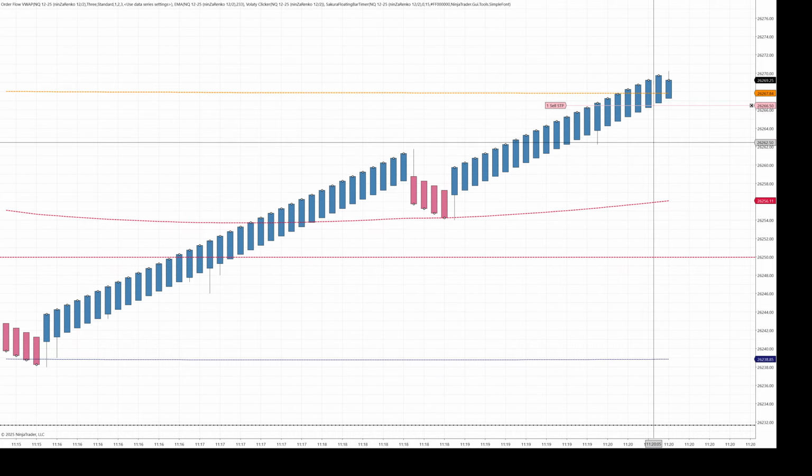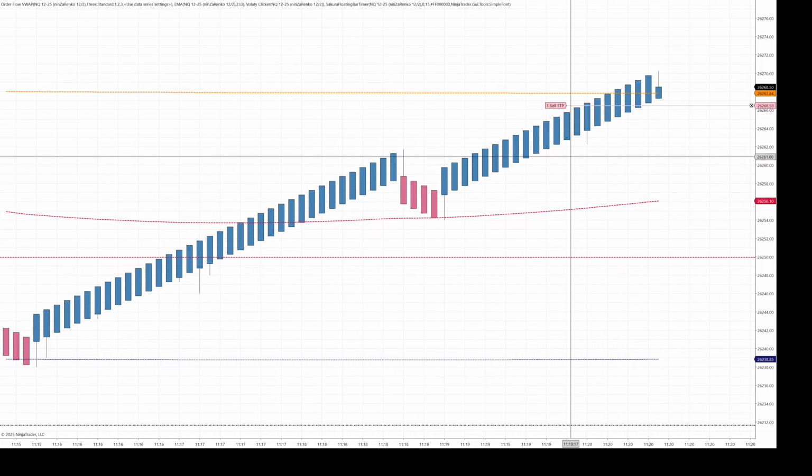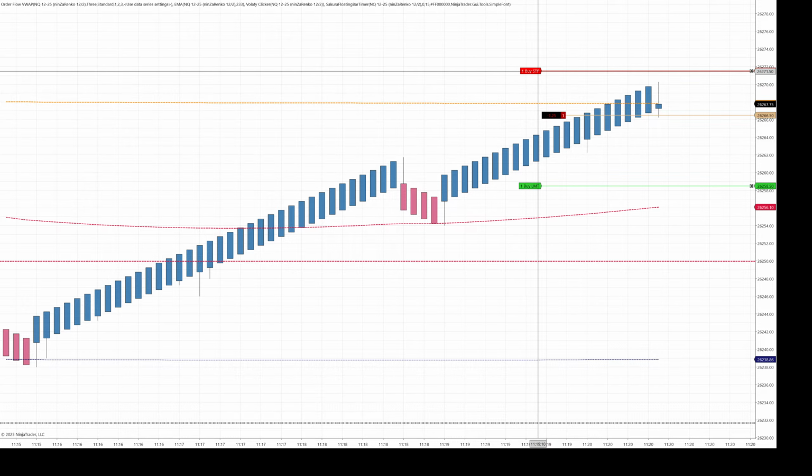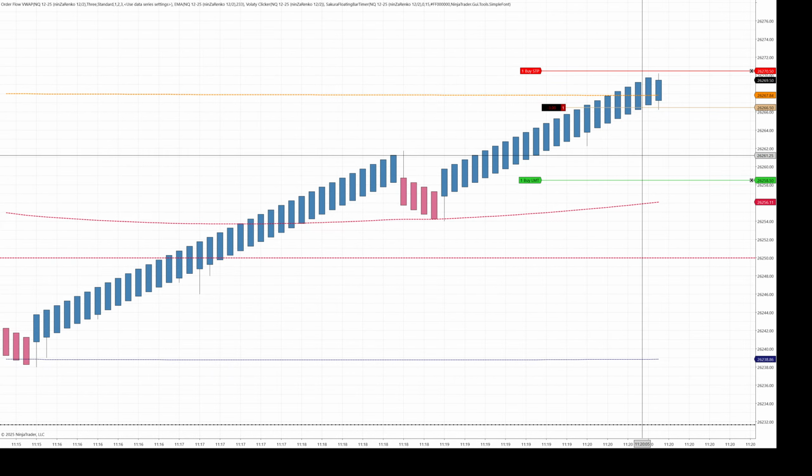Will we get a bounce lower? Or rather, failure and go down? We got the trigger, but it looks like the bulls might be too strong here.